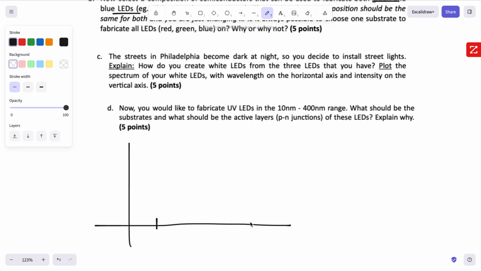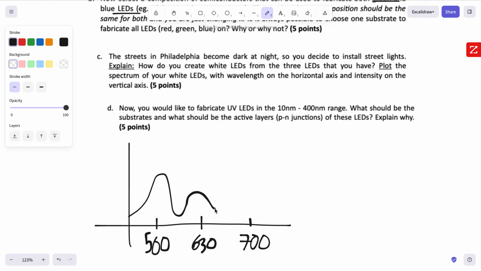which basically describes the intensity of each of the different lights. So since red exists at around 700 nanometers, and green exists at around 630, and blue exists at around 400 or 500, we would imagine that the emission spectra for this looks something like this.